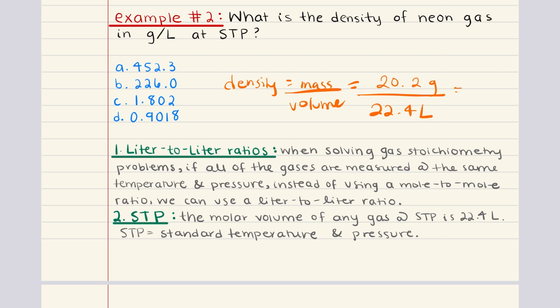Now we can approximate these values to 20 over 22, and this simplifies to 10 over 11, which is approximately equal to 0.9. Looking at our answer choices here, the value that's closest to that is going to be D. And so the density of neon gas at standard temperature and pressure is 0.9018 grams per liter.